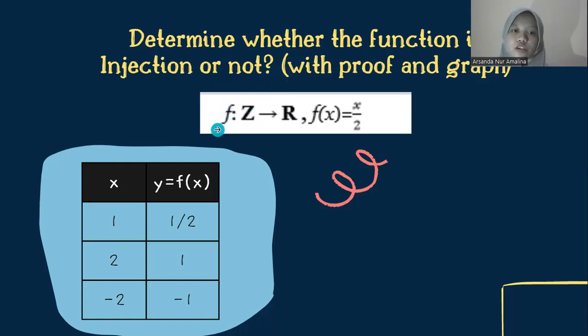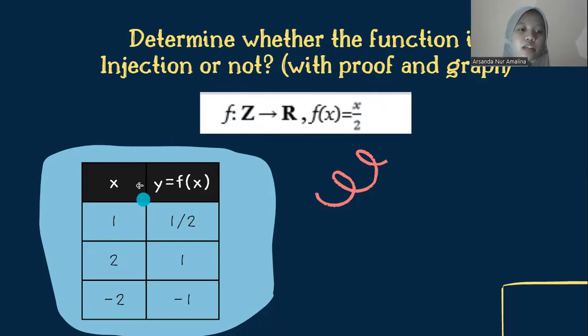It is a function f that maps the integers Z to the real numbers R, where f of x equals x over 2. If we want to get the graph of this function, we are going to use the basic method, which is substitution.